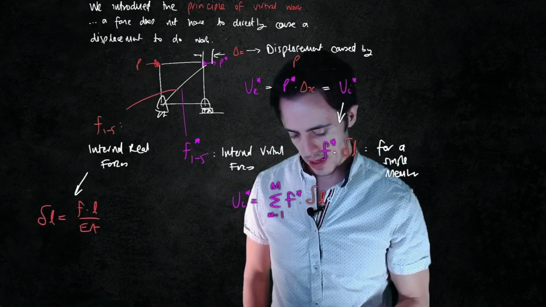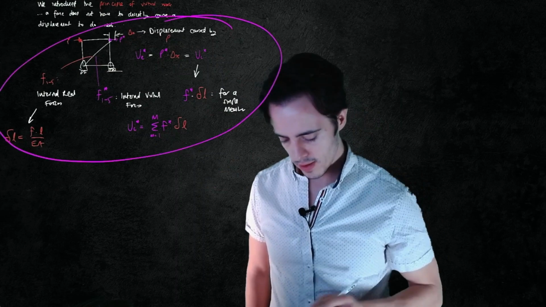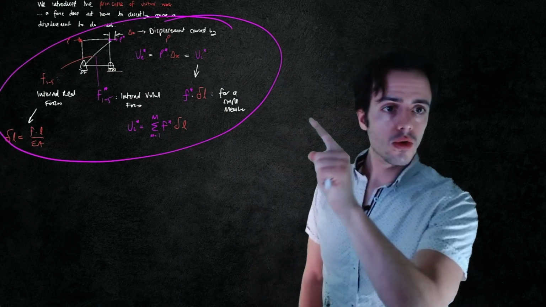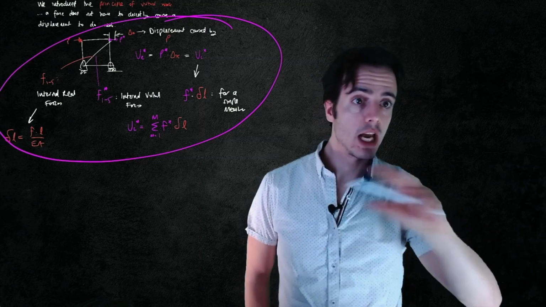So let's look at this structure here. In fact, before I go there, let's just see what we did here. I'm going to circle this. We can use virtual forces to work out the displacement of any node anywhere on a structure.